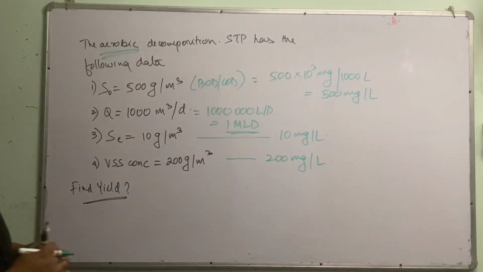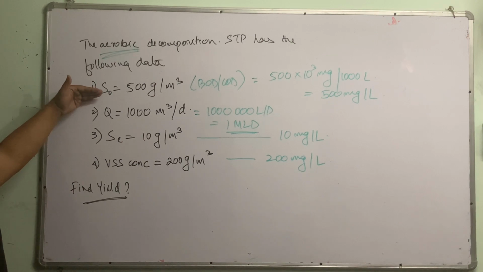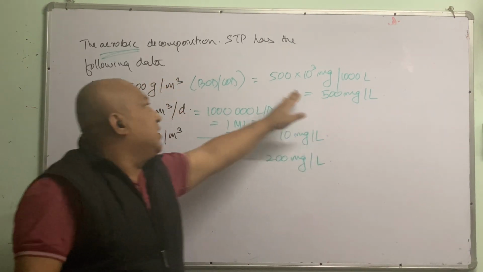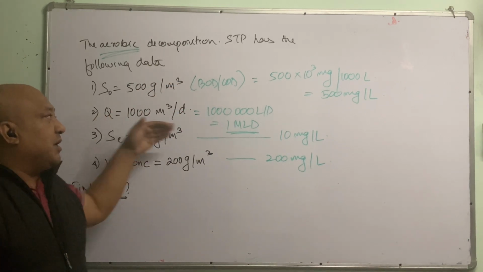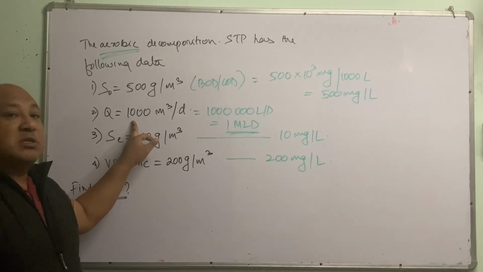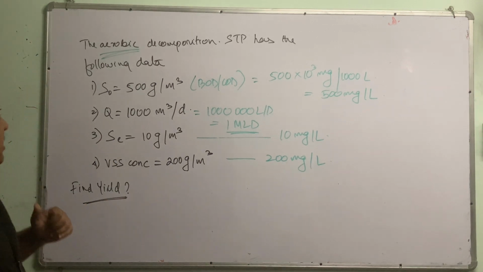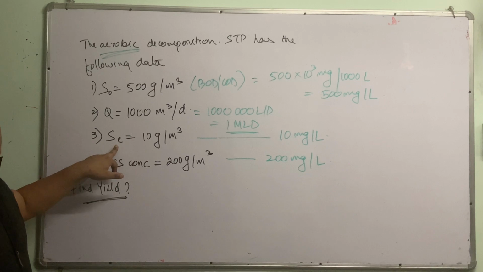See, the question is very simple. There is an STP whose BOD incoming is 500 milligram per liter or COD. We convert it into 500 grams per meter cube. And the STP is 1 MLD capacity, so if you convert it, it is 1000 meter cube per day. And the plant efficiency is such that 500 is going inside, 10 is coming out. Se means the effluent BOD.